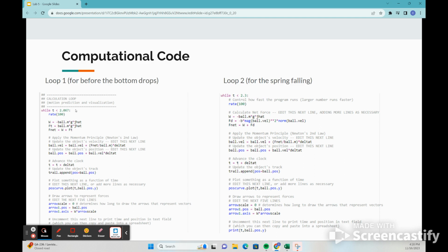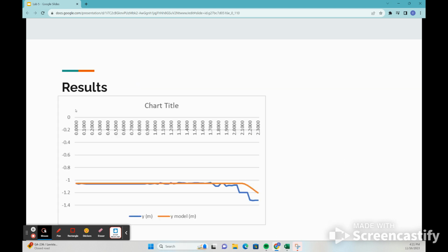That value I just found based on looking at my tracker data and seeing where that came out to. So again, we've got the weight, the force of gravity, and you add those 2 together, and we end up with it moving downward, as you'll see in the next slide.